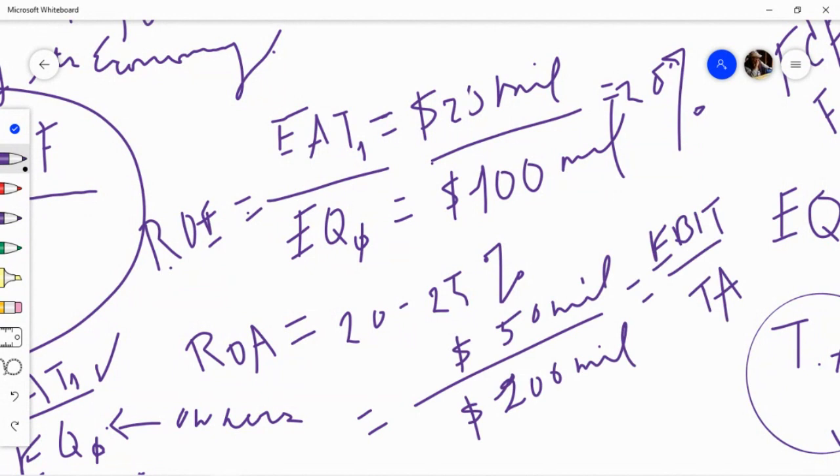If the EBIT is like 50 million, they paid out about 30 million as interest and taxes, right? But again, if a small company has like 20% return on equity, that's a profitable company.